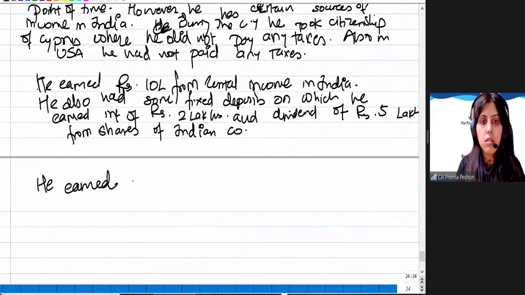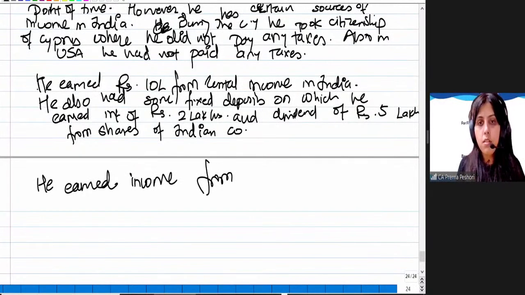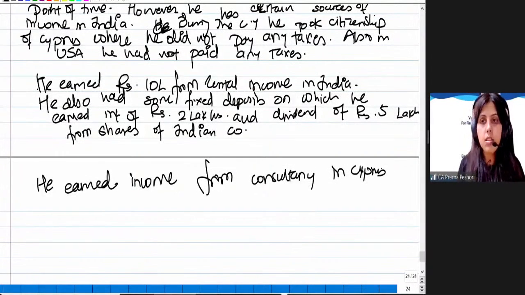He earned income from consultancy in Cyprus of rupees 50 lakhs.